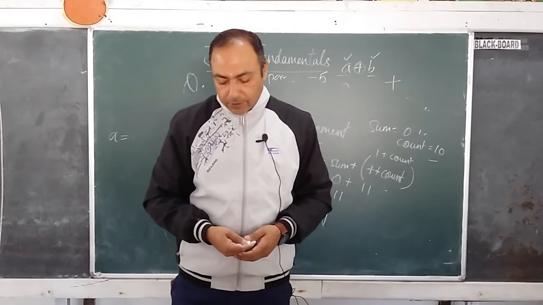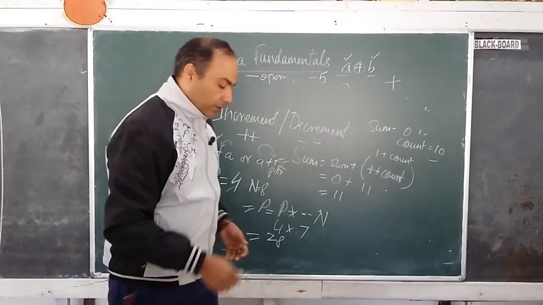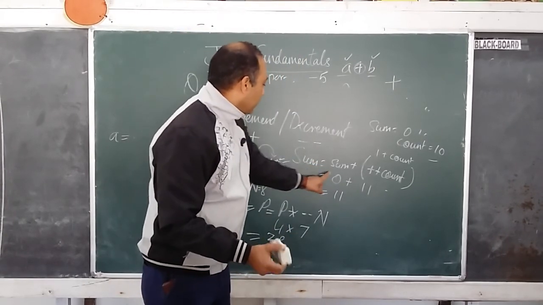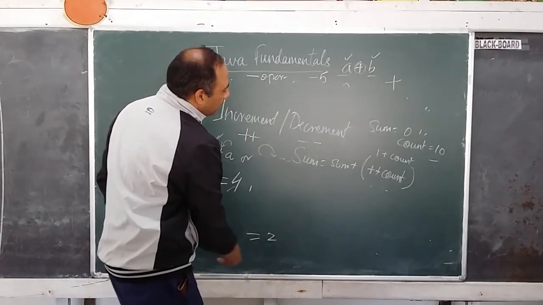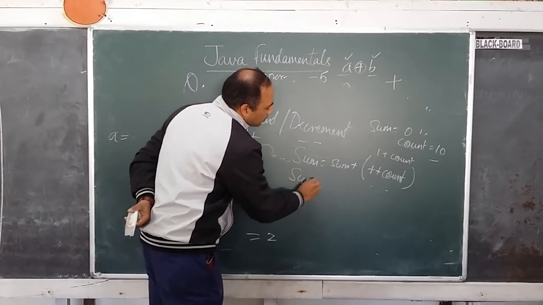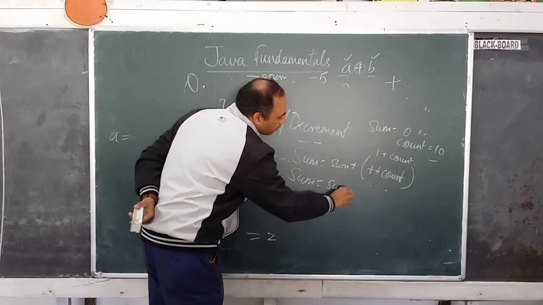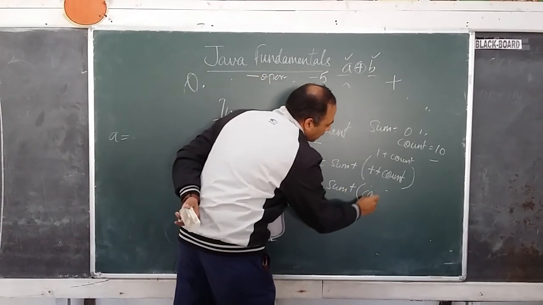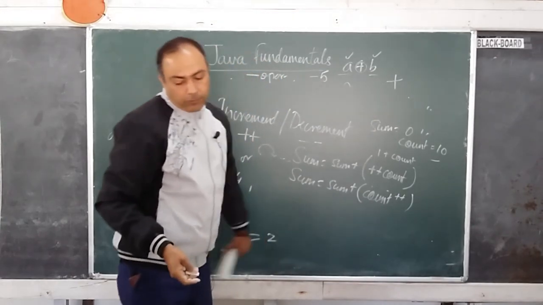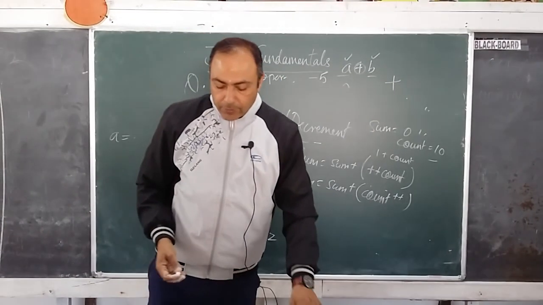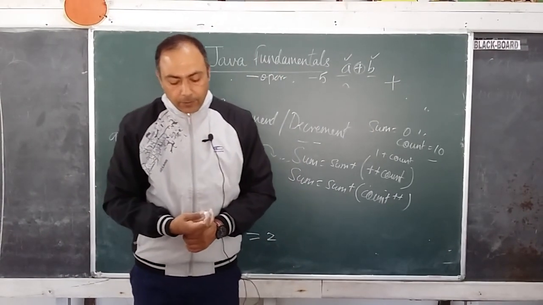For example, the expression will be sum = sum + count++. So this is the postfix operation. It takes place in the following fashion.